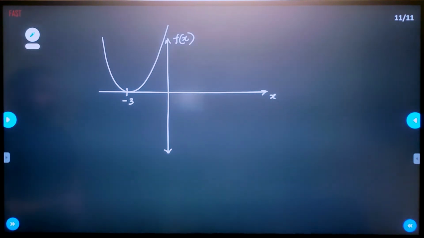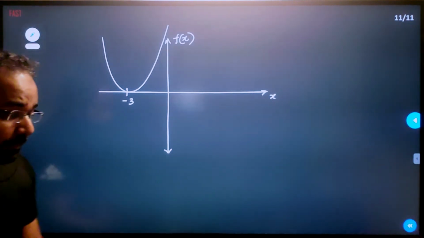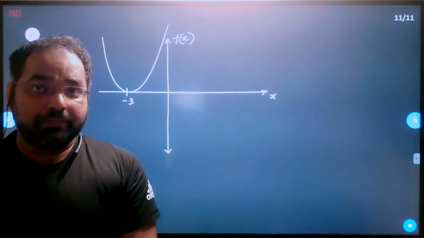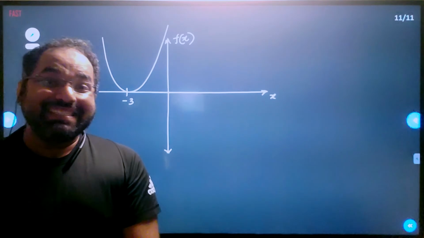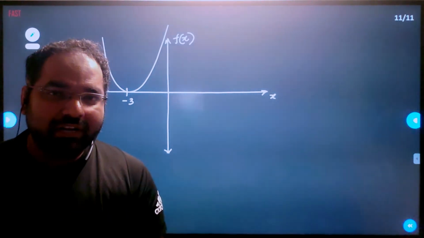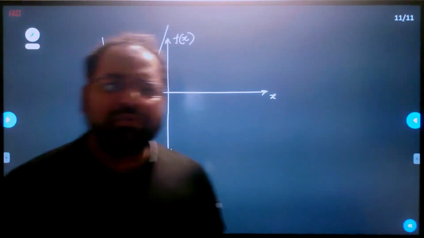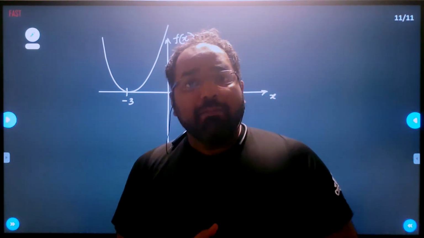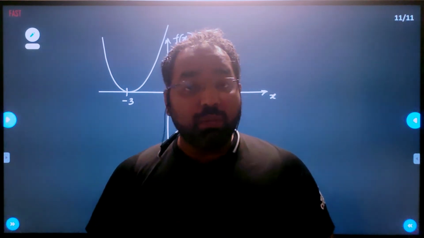Now, if you notice here, my parabola is crossing the x-axis only once. The next question is, since it is crossing only once, will this be a quadratic polynomial? A very common question people ask. Will this become a quadratic polynomial, sir, because it is crossing the x-axis only once?